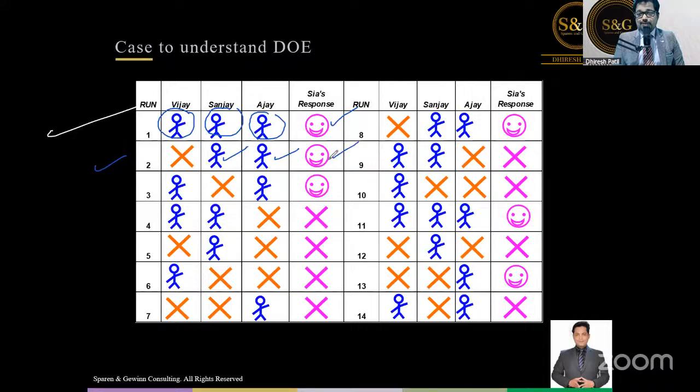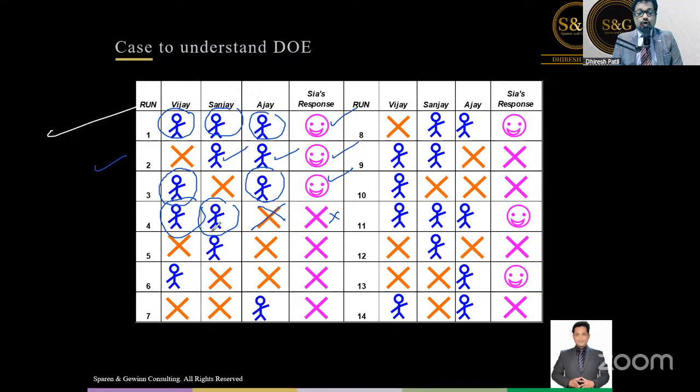Still Sia smiled. On day 3, Sanjay was not there. Vijay and Ajay were there. She smiled. On day 4, Vijay and Sanjay were there, but Ajay was not there, and she didn't smile. Wow, that's interesting. It seems like whenever Ajay was there, she was smiling. So it must be Ajay.